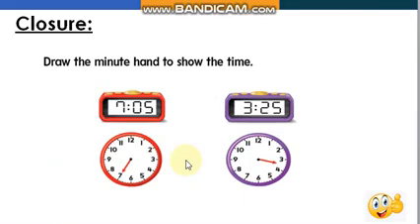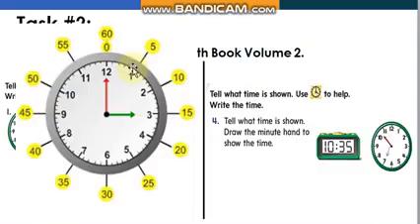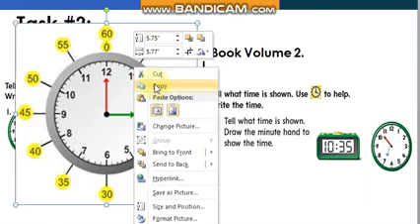What we are going to do is draw the minute hand to show the time. Read the time over here. Can you read the time? Yes, it's in the digital clock. What time is it? 7:05. So what I'm going to do in this case is take my analog clock because it will help me.